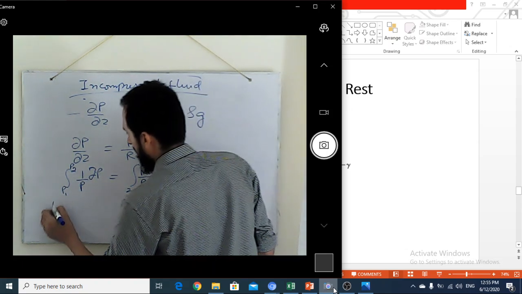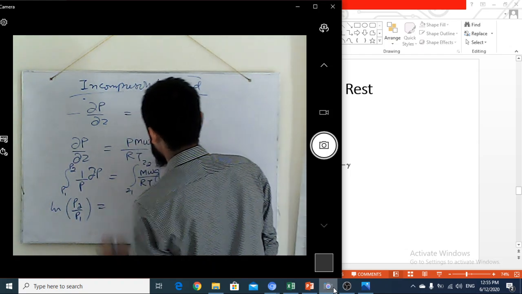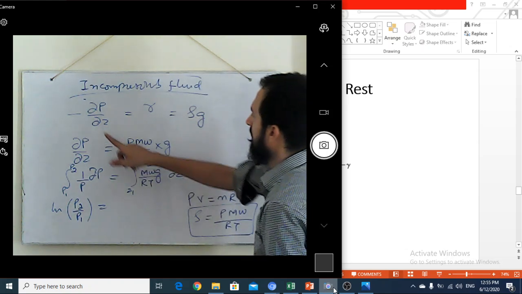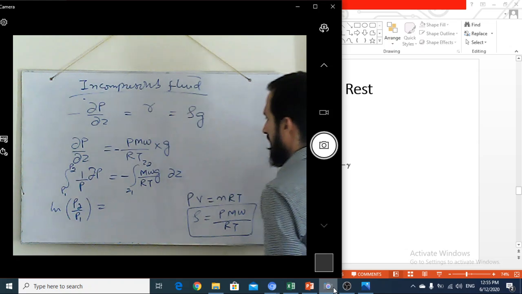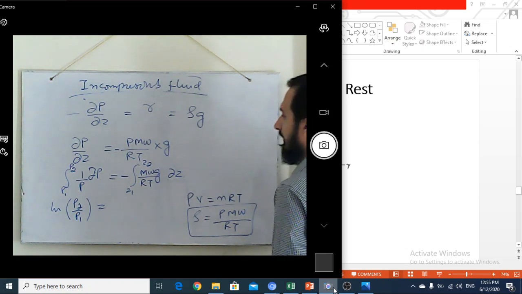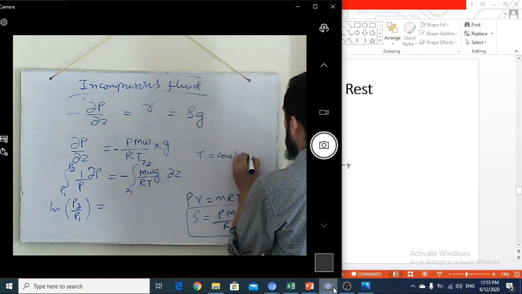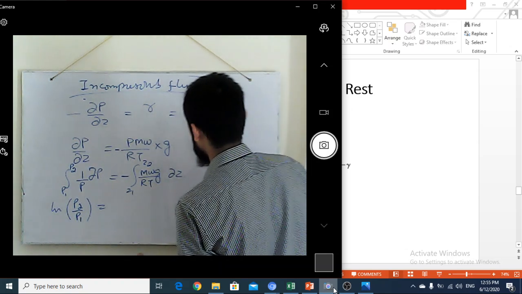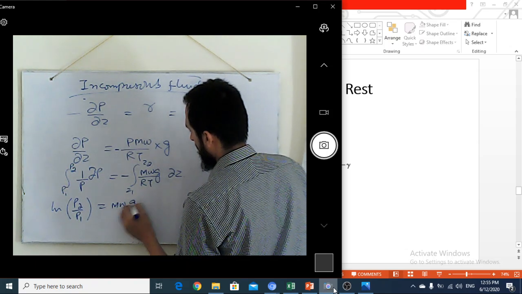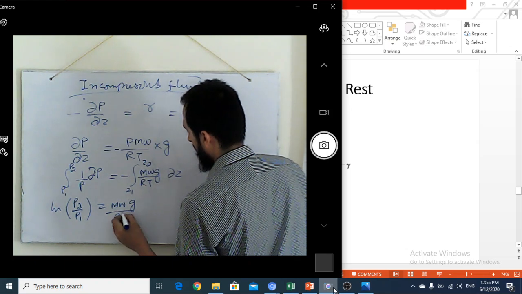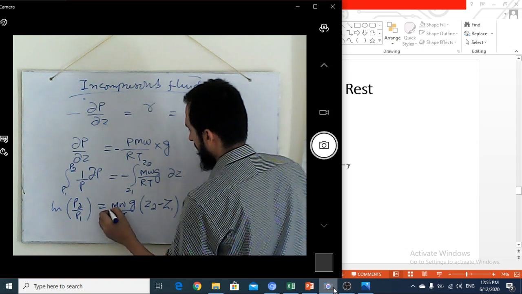So it becomes ln P2 over P1. This minus sign will remain here. And if we say that temperature is constant, so we will come up with a solution that is molecular weight g over R T times Z2 minus Z1 with a minus sign.